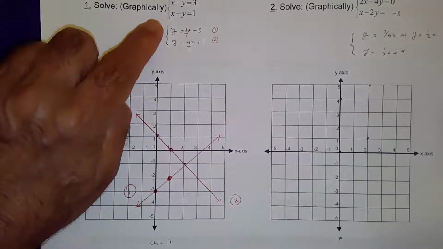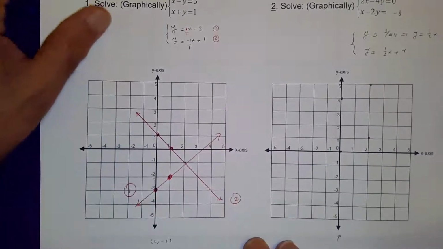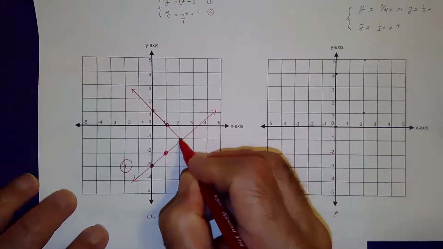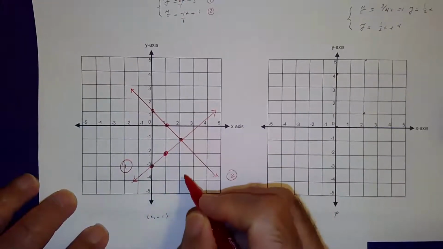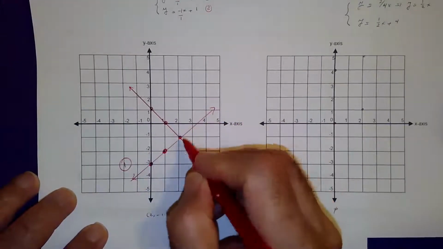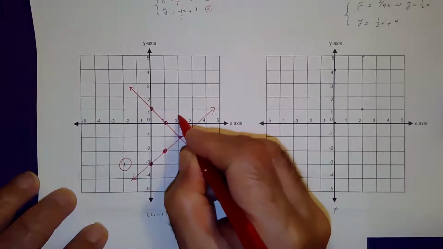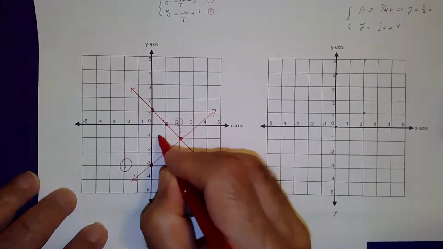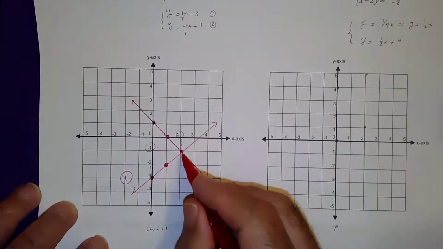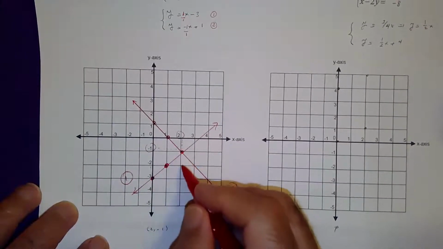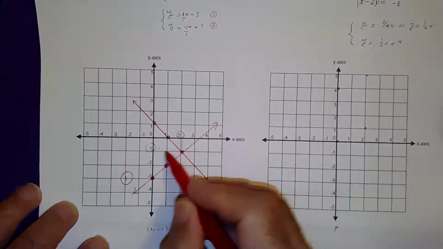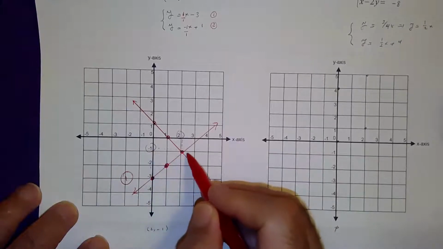If the system has a solution, then the pictures have to cross each other at a single point. Notice, in this case the system has a solution, and the intersection of these two lines happens to be, if we go up, it's 2, and if we go to the left on the y-axis it's -1. So by inspection of my graph, this corresponds to 2 on the x-axis and -1 on the y-axis at the point of intersection.